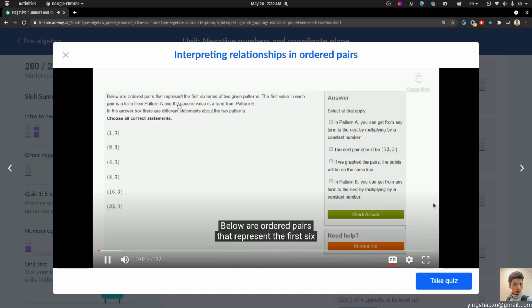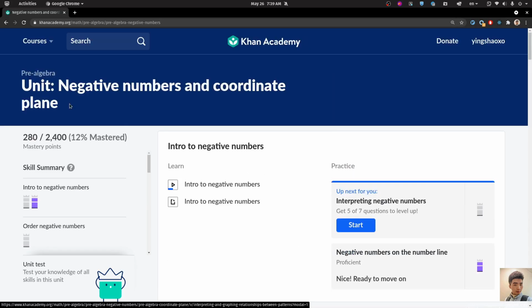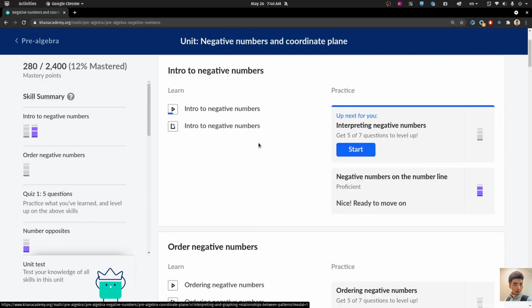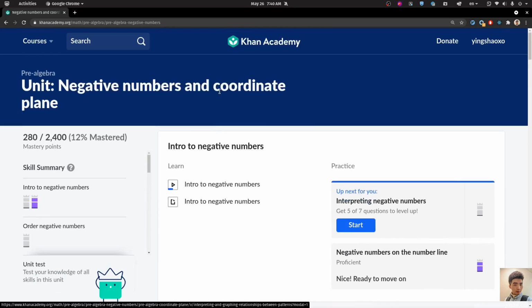Anyway, that's today's learning for the mathematics. Inside of this video, we have learned the concept of negative numbers and what the absolute value is, what the coordinate plane is, and how we can represent a point inside of that coordinate plane.